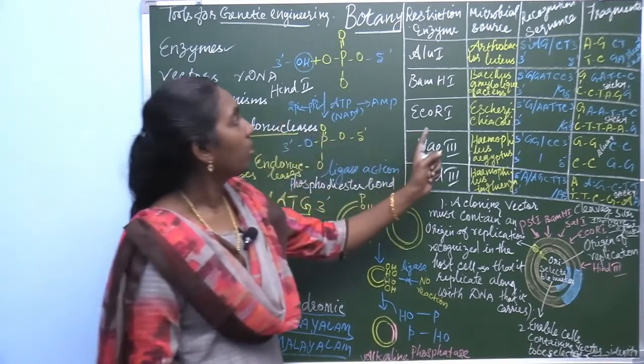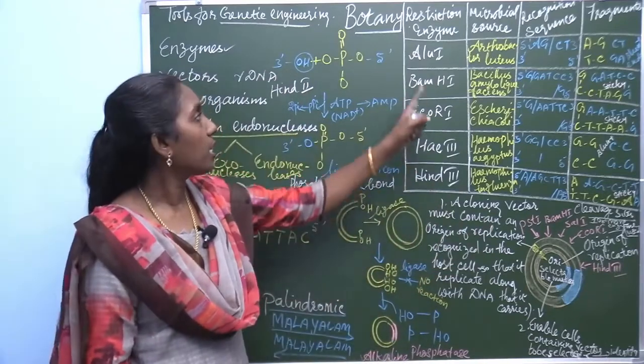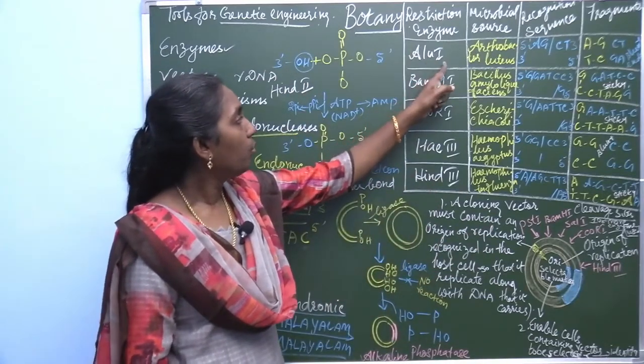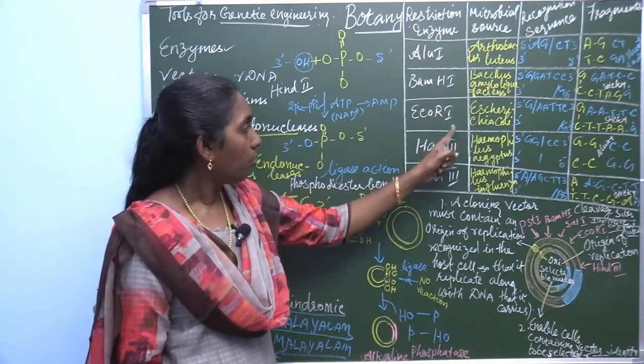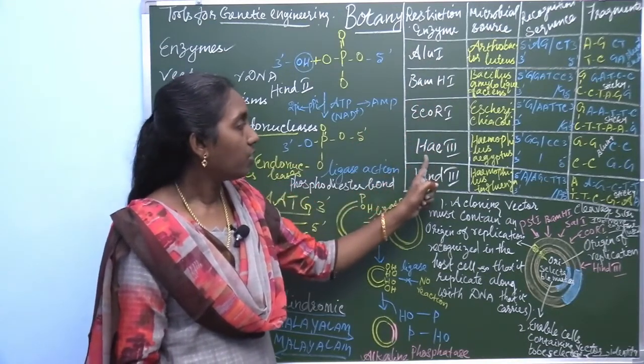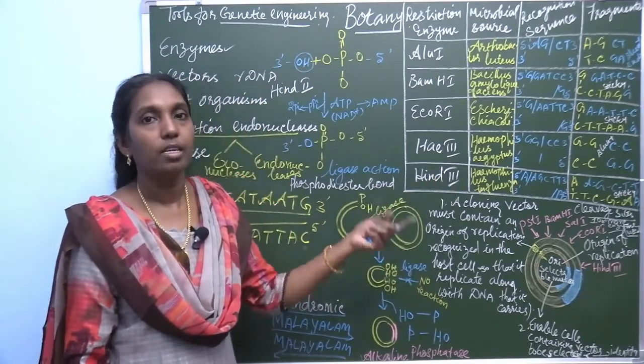Now, there are some examples here. Look at this table. There are different types of restriction enzymes, namely AluI, BamHI, EcoRI, HaeIII, HindIII, HindII, and so many enzymes.